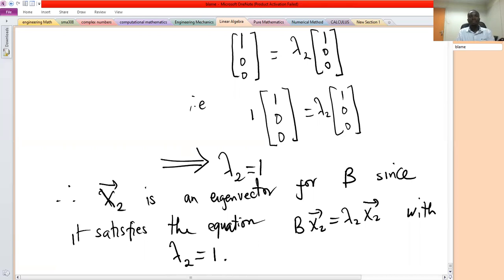So that's how we prove that a given vector is an eigenvector corresponding to a given square matrix. And that's how we also find out the eigenvalues from that computation. Thank you.